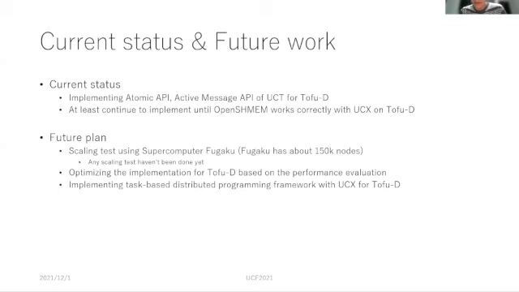At this moment we haven't done any scaling tests, so we need to do this once our implementation is finished. We also want to optimize the implementation for Tofu D based on the performance evaluation, and implement the task-based distributed programming framework with UCX for the Tofu D network. Thank you for listening.